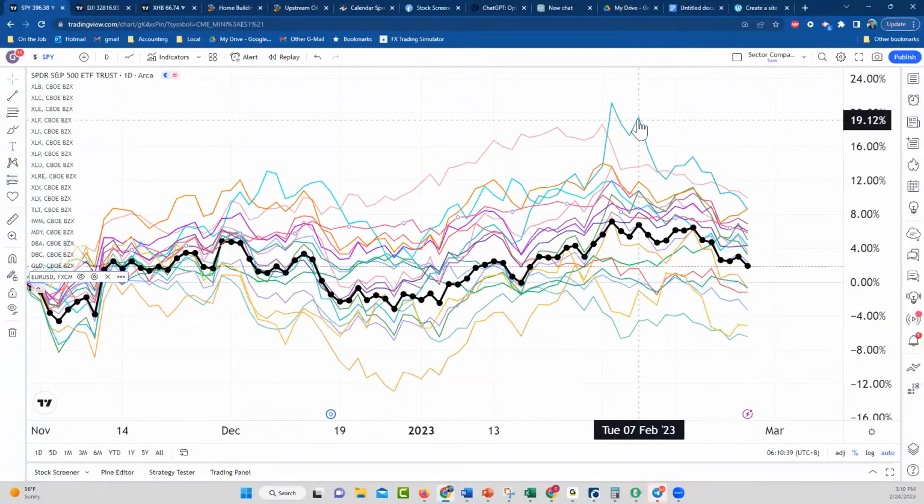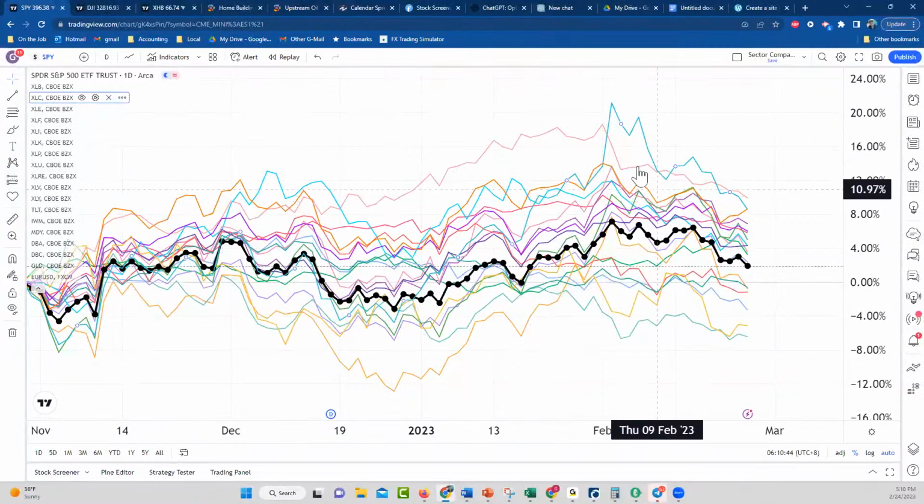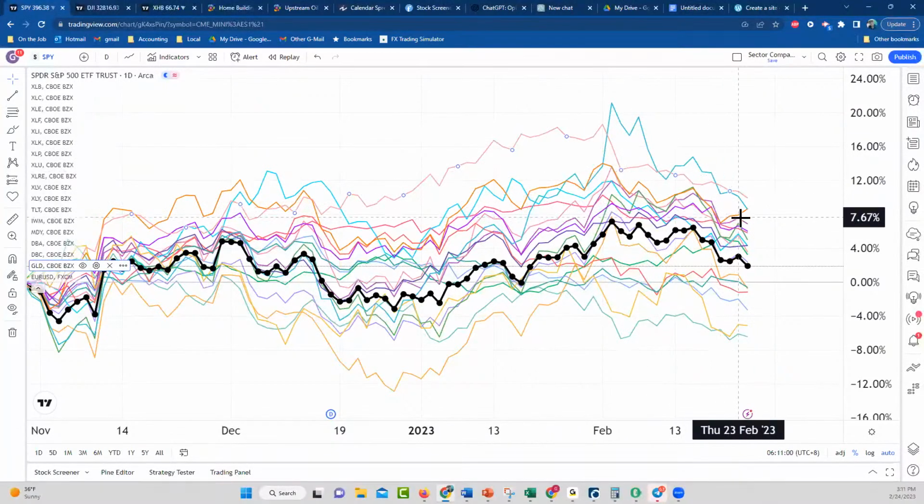Okay, so here we see the communications sector. That's going to be stocks like Google and Verizon, and advertising companies are in there. And there's the price of gold, right? Both of these were leaders over the past 3 months, and they're now starting to turn down.